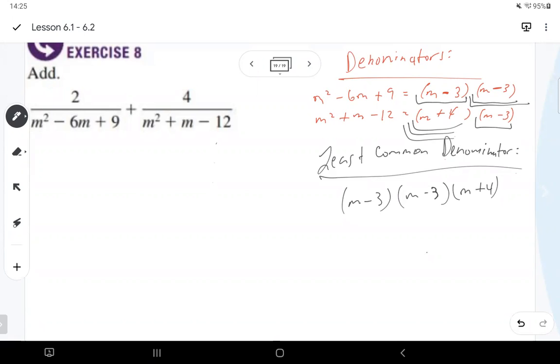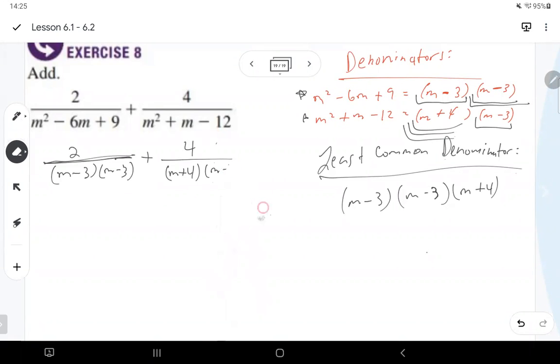All right, so let's rewrite this given what we know. 2 over m minus 3, m minus 3. I'm getting this from right here. Okay, so 4 over m plus 4, m minus 3. So now I want to figure out what I have missing.